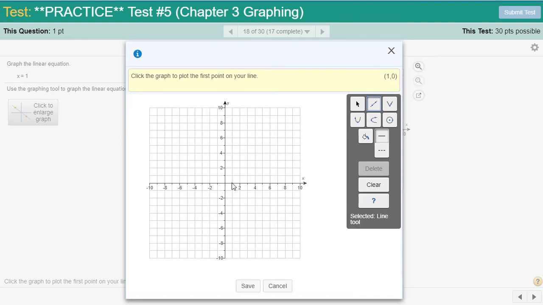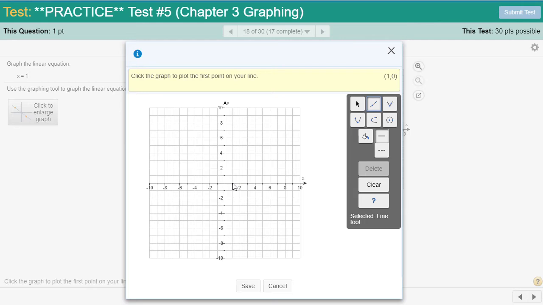So to graph a vertical line, we don't have any points, right? But we know that every point on this vertical line is valid. So you have to click on two unique points in order to graph this particular vertical line. So what I would recommend you do is first and foremost, click on the point that intersects the actual axis itself.